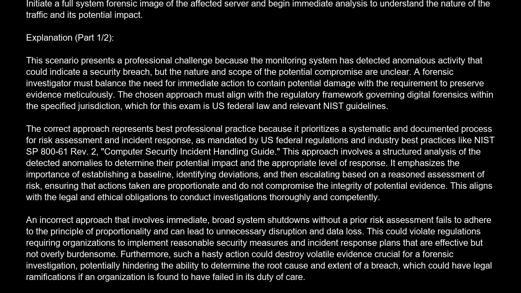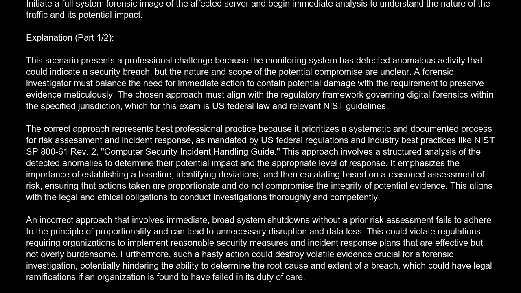The correct approach represents best professional practice because it prioritizes a systematic and documented process for risk assessment and incident response, as mandated by U.S. federal regulations and industry best practices like NIST SP 800-61, Rev. 2, Computer Security Incident Handling Guide.